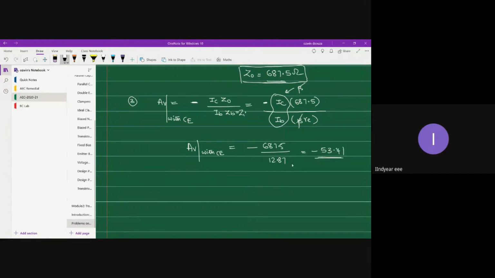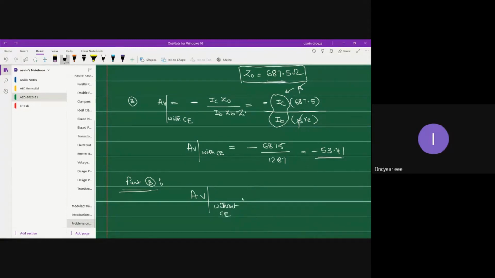53.41. Okay, you'll be surprised now to see the effect of the bypass capacitor. Let me consider part B, where we will recalculate AV without the bypass capacitor.